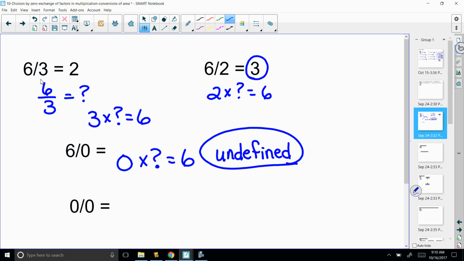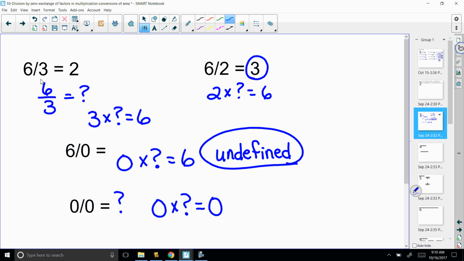But then we have this other one that says 0 divided by 0. How is that any different than 6 divided by 0? Because if I change the format, it's asking you this: 0 times what number is equal to 0? 0 times 0 equals 0.